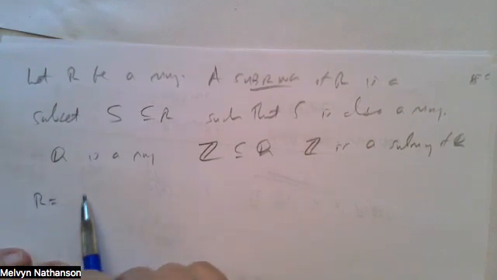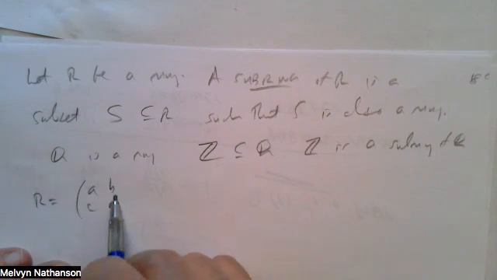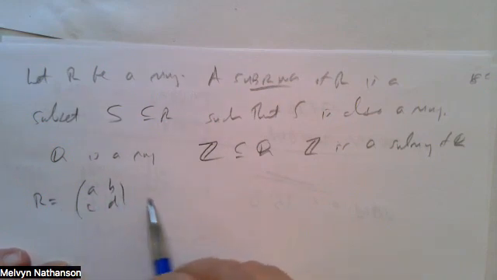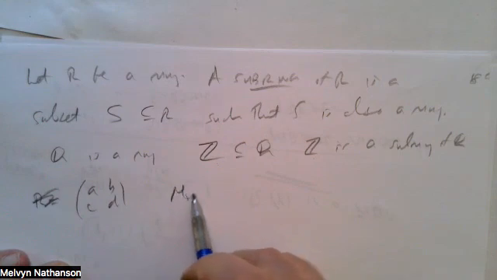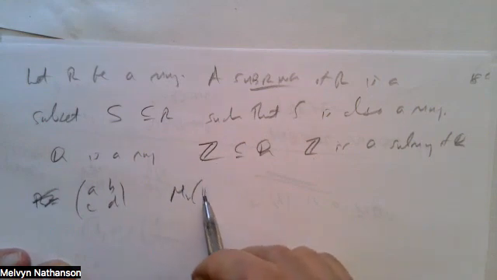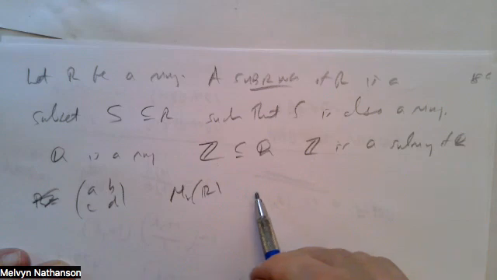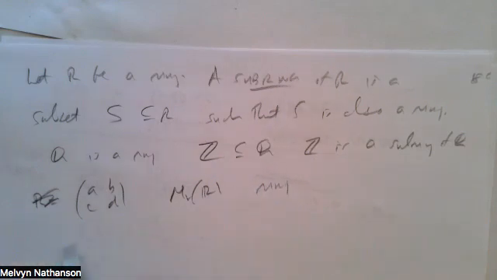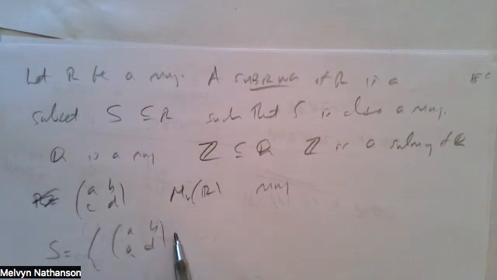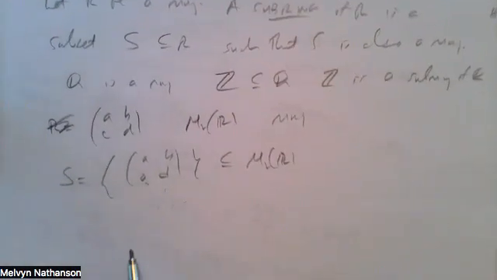Suppose I take R to be M sub 2 of, let's say, R, all 2 by 2 matrices. That's a ring. Suppose I take S to be all matrices (A, B; 0, D), all matrices where the lower left-hand coordinate is 0. So I claim this is a ring.